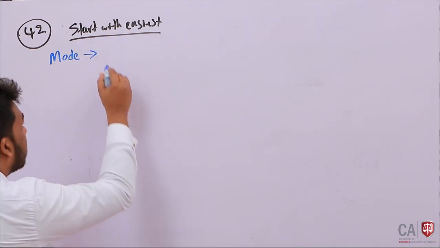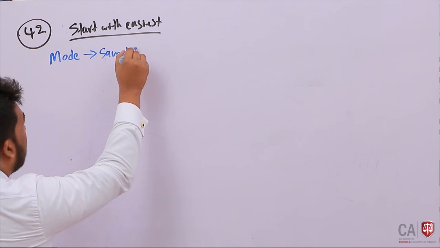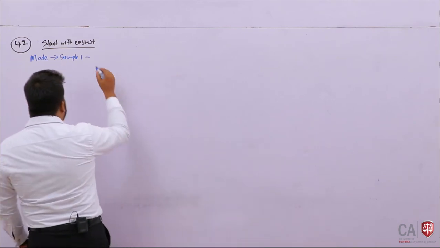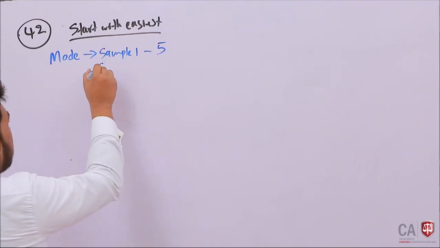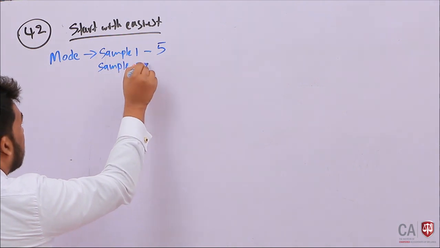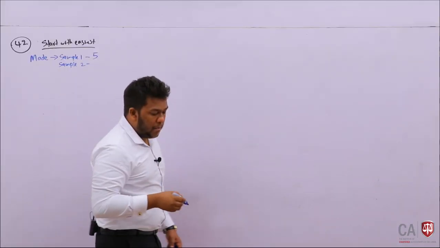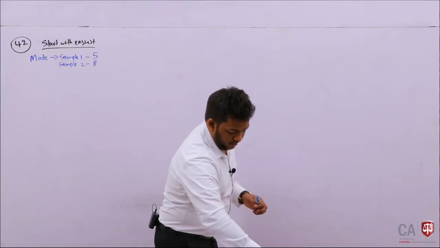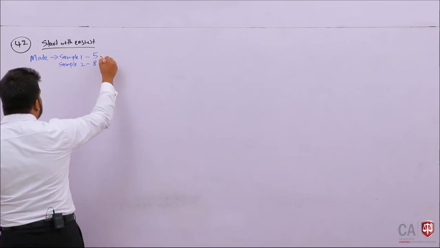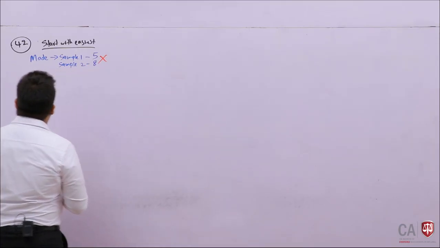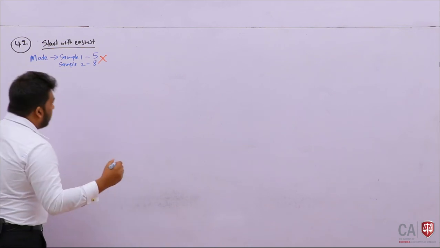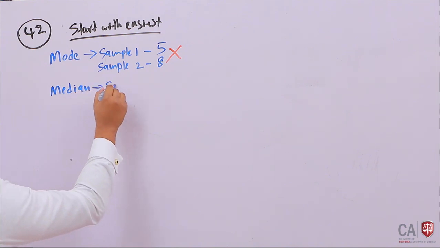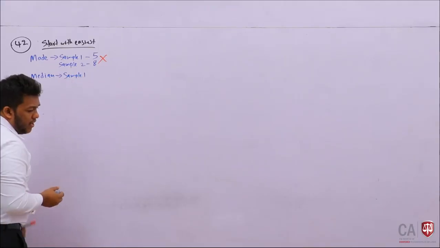So mode in sample 1 is how much? Sample 1, 5. Number 5 has occurred 2 times. In sample 2, number 8 has occurred the same. So this is not same. Then easiest one is median. So sample 1, median is how much?